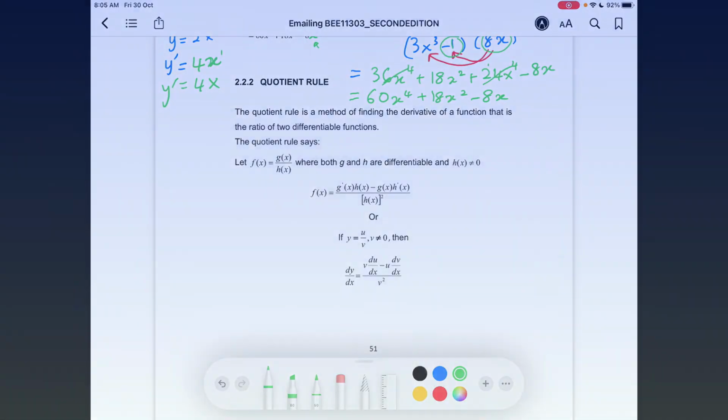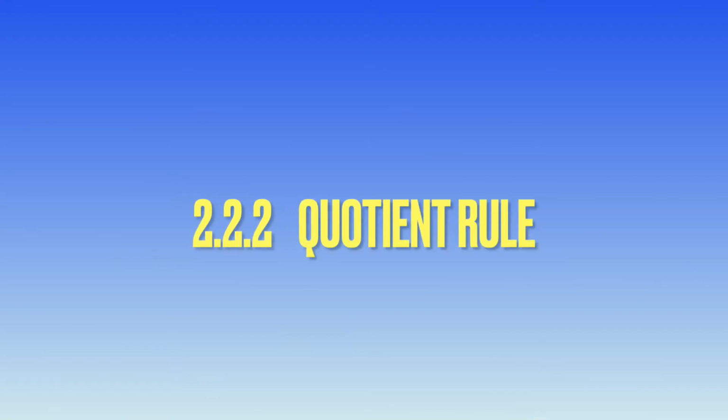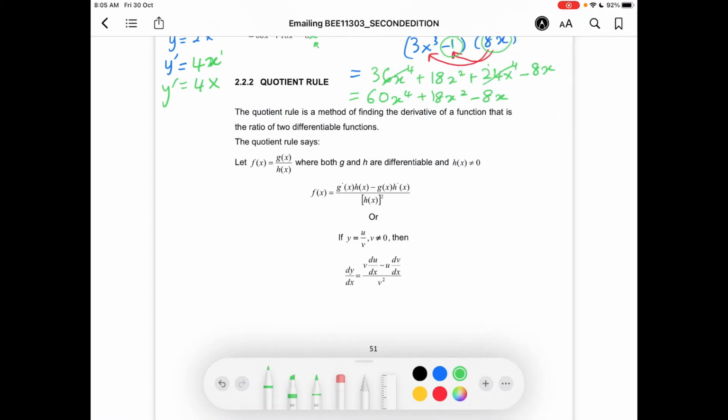Now we go to the quotient rule. Similar to the product rule, which we apply to product functions, we apply the quotient rule when we encounter a function that has the ratio of two differentiable functions.